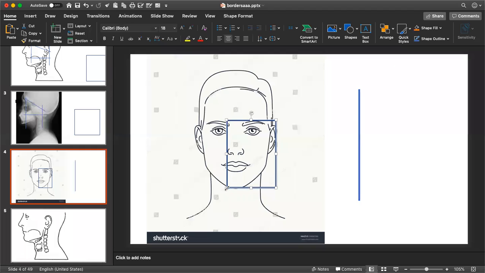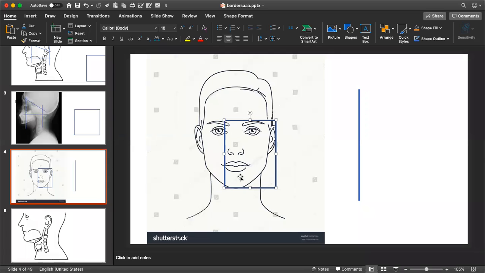Now the medial border would be 1 to 2 centimeters across the midline. So it would not be at the level of the midline. It would be 1 to 2 centimeters across the midline. Why do you want to pull it across the midline? To include the contralateral ethmoids. Right.